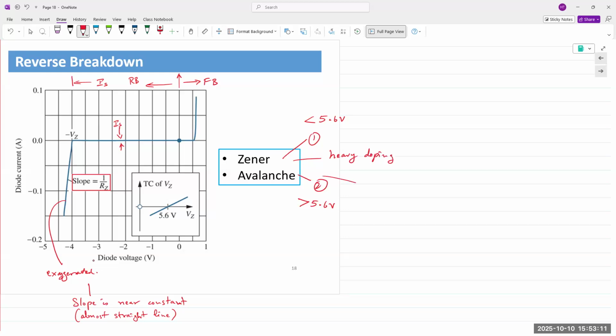And avalanche is a result of, since I used the word heavy, let me use the word heavy again, heavy reverse bias, in the process known as impact ionization. The thing that happens because of heavy doping is that the depletion region is thin.